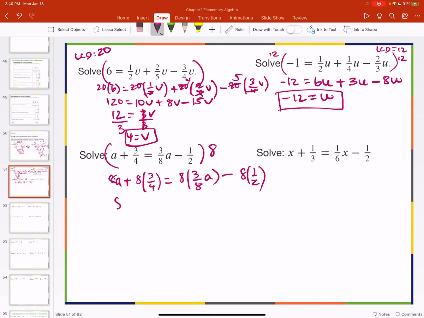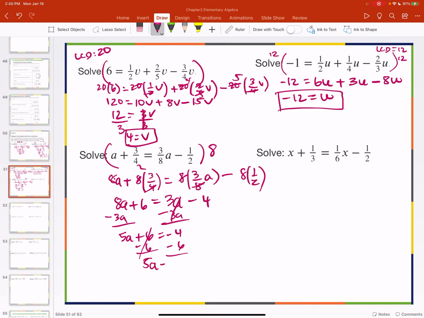Okay, so that will be 8a plus 6 is equal to 3a minus 4. So minus 3a, minus 3a. And then we get 5a plus 6 is equal to minus 4, minus 6, minus 6. So 5a is equal to negative 10, divide by 5, divide by 5, and then a is equal to negative 2.